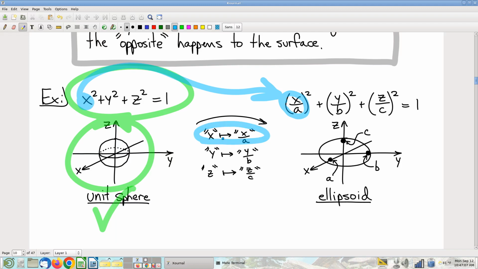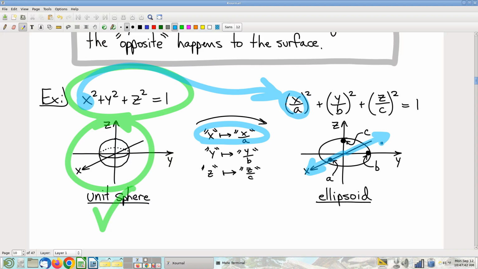This is just a casual indication that every x is going to get replaced with, or turn into, the little expression x over a. And the x coordinates over here are going to have to be a times as big to make up for the fact that you just divided them all by a.